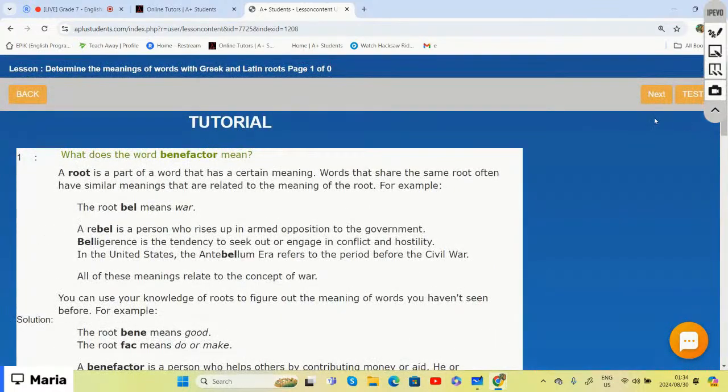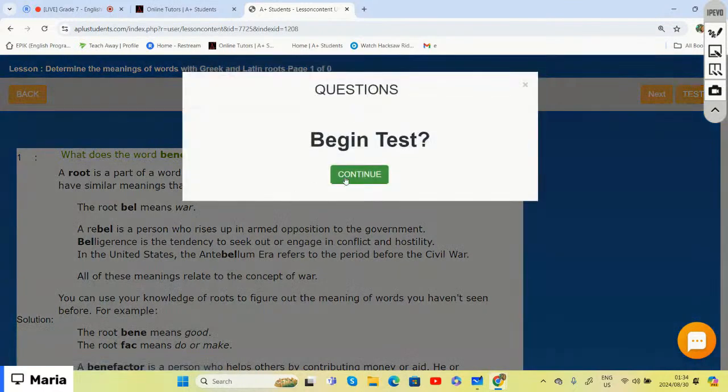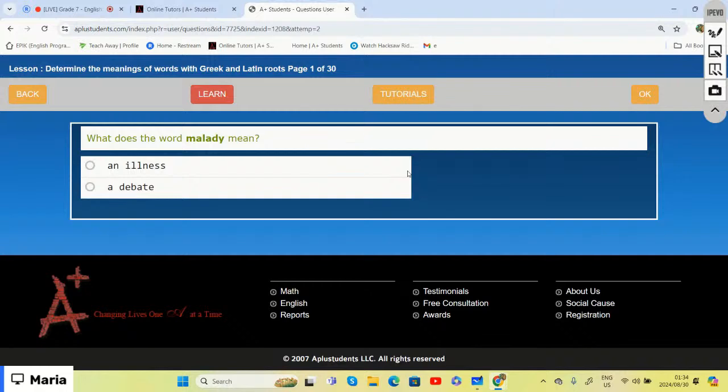All right. So now we're going to a test where we're going to determine the meaning of words with Greek and Latin roots.